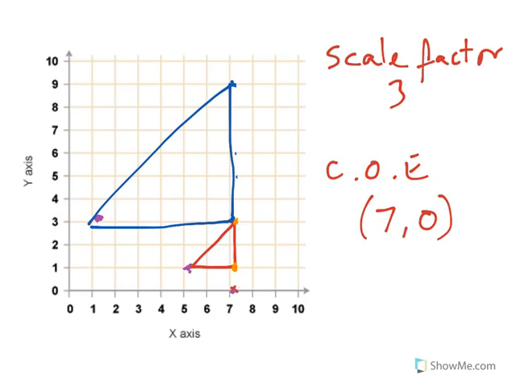But the area, well, the area of my smaller triangle is base times height divided by 2, so it will be 2 in this case. And therefore the area of my new triangle will be that 2 times 3 times 3. So you're timesing by the scale factor and then timesing by the scale factor again. So that gives you 18 in this case. Okay, there is enlargements.